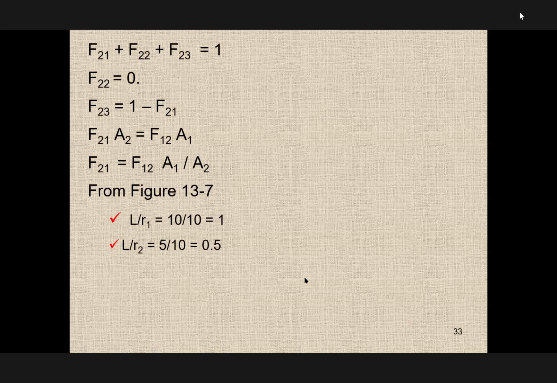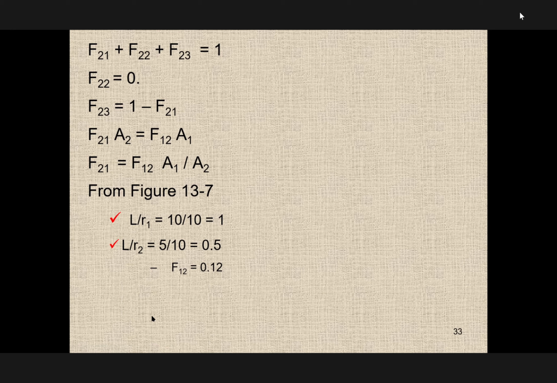From figure 1, you have the dimensions, the diameter of 1, the distance, and diameter 2, and if you use your textbook, the shape factor becomes 0.12. If you have your textbook, please open it and see if you get the same number. I want to make sure that you do not make any mistake in future.